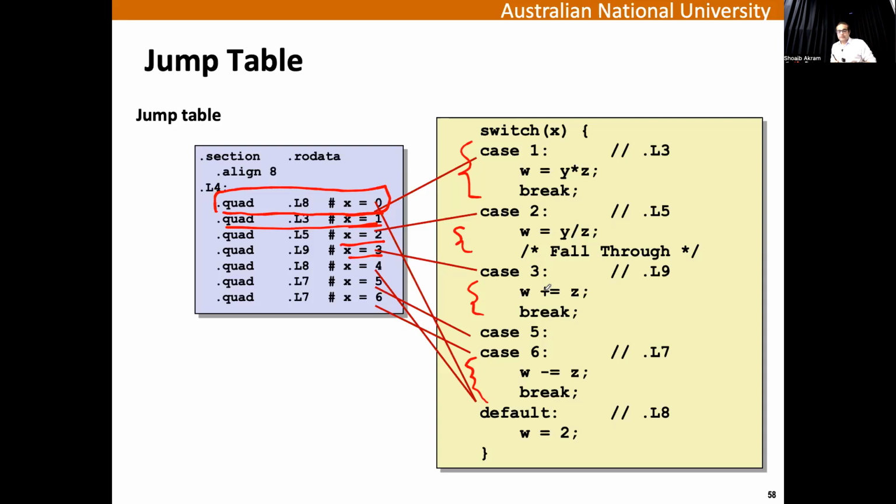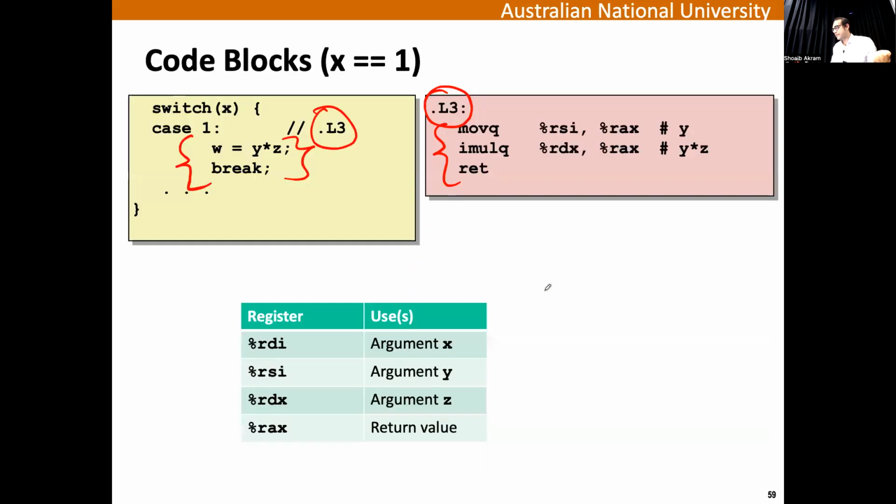There are fewer comparisons because you only need to compare the switch variable to a specific value. If you see how if-else statements are implemented, you have a lot more jumps and a lot more branch statements.